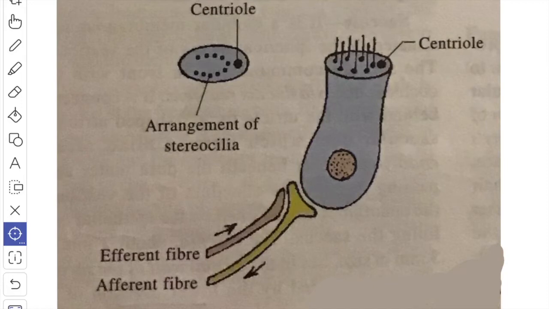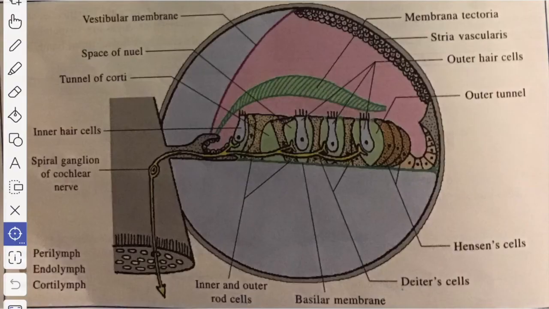This suggests that the efferent fibers modulate the transmission of the afferent fibers. Apart from the synaptic boutons, the inner hair cells are surrounded by the inner phalangeal supporting cells.